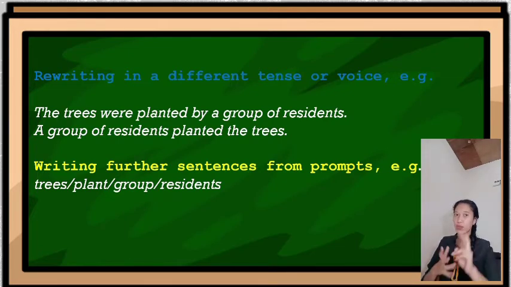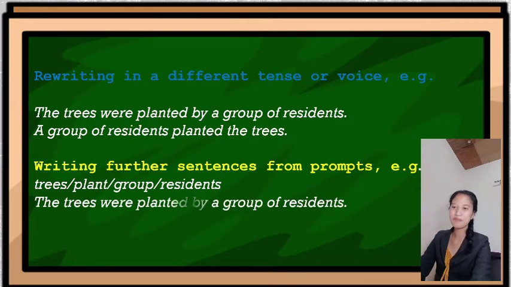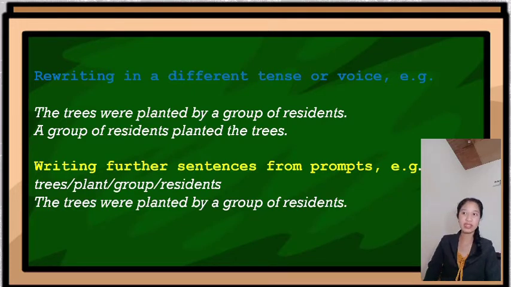It can be either, but let's figure it out. Let's click the right button. Okay. The trees were planted by a group of residents. So these prompts here are created into one sentence. That's writing sentences from prompts.